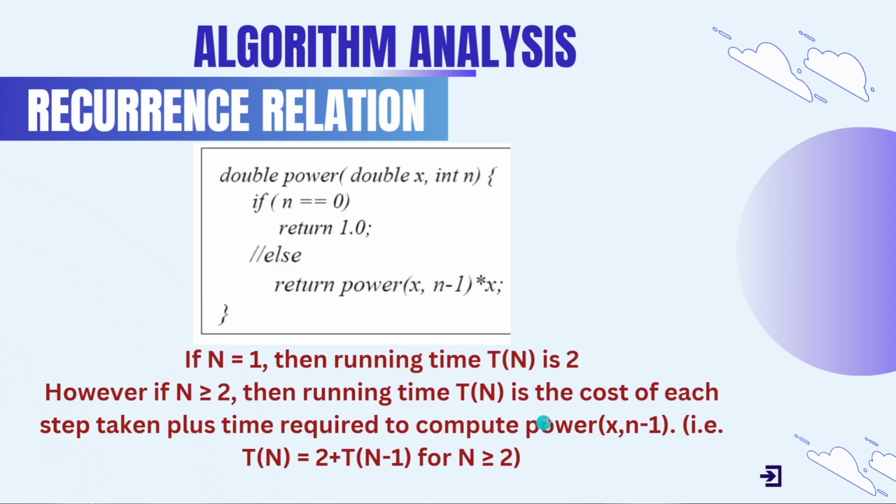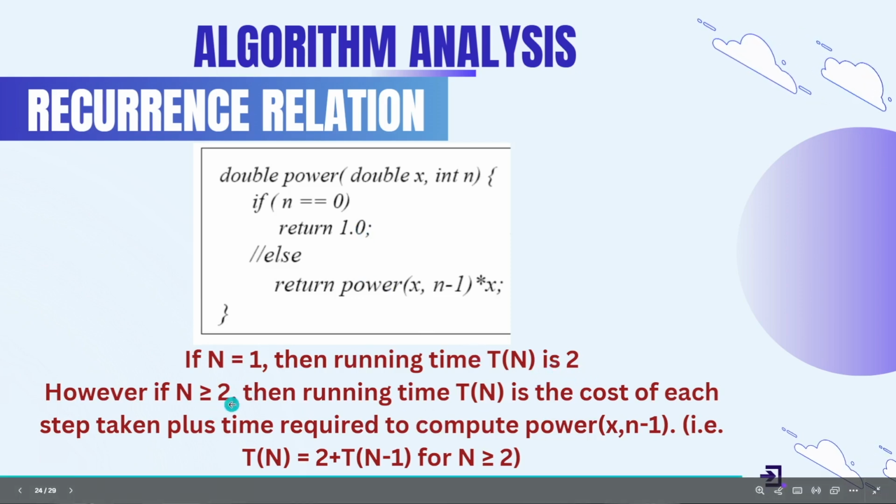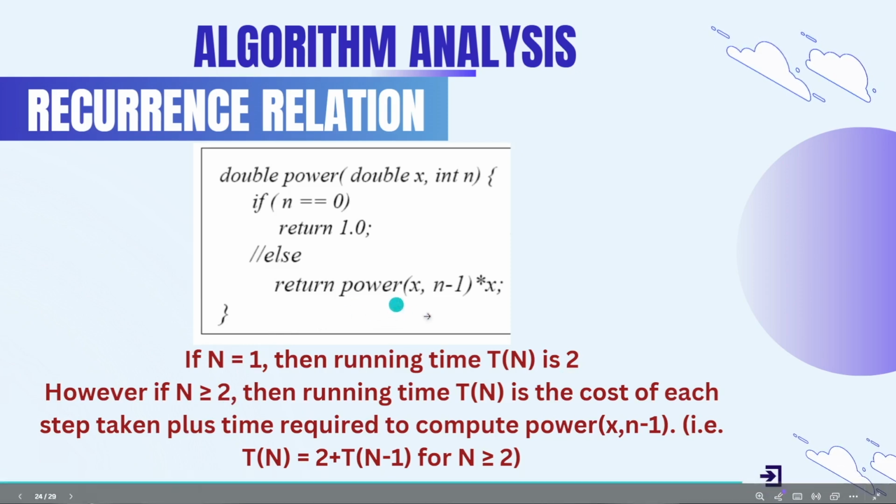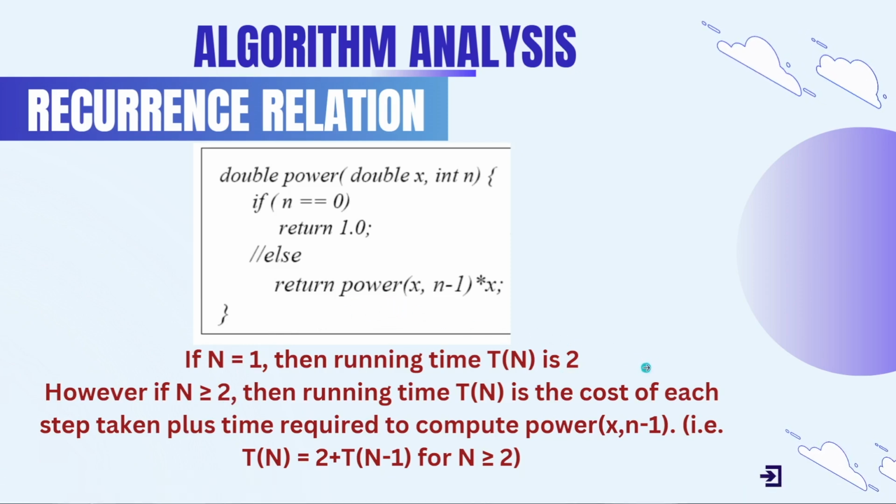If the value of n, the input size, is 1, then this algorithm will have a running time of t of n, which is 2. If n is greater than or equal to 2, then this recursive function may have to call itself again and again till n becomes 0, right.